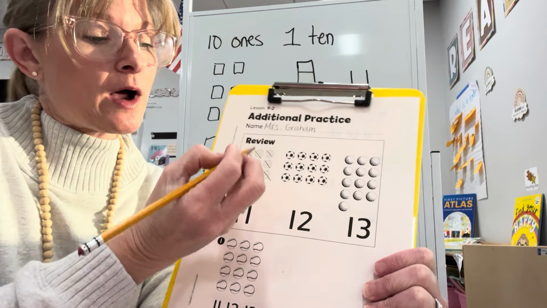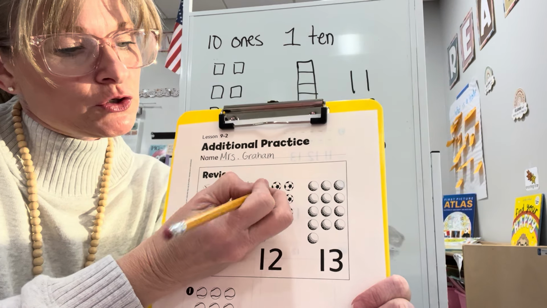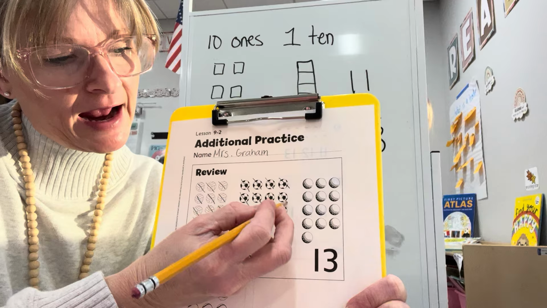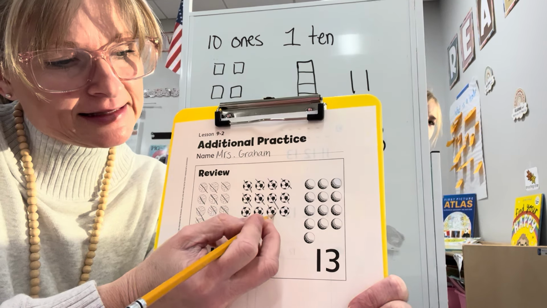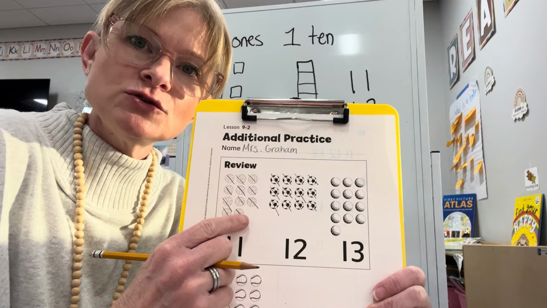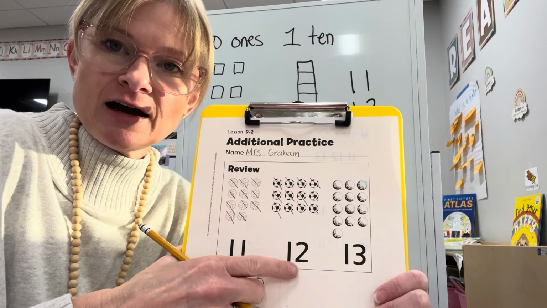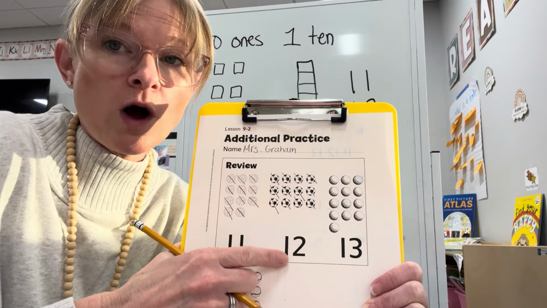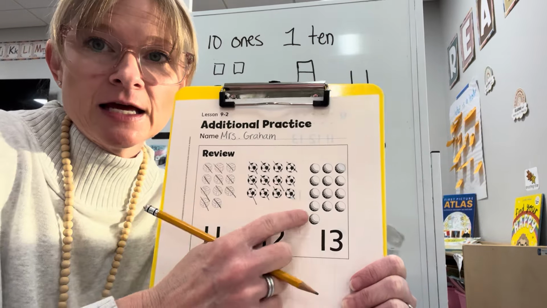Now let's count for 12. 1, 2, 3, 4, 5, 6, 7, 8, 9, 10, 11, 12. That tw lets you know that there's the 2 in it. So remember, 1 first. You start with 1 with your teen numbers.